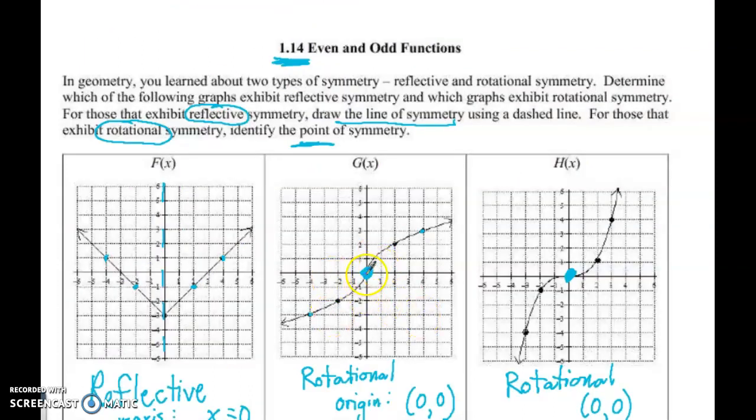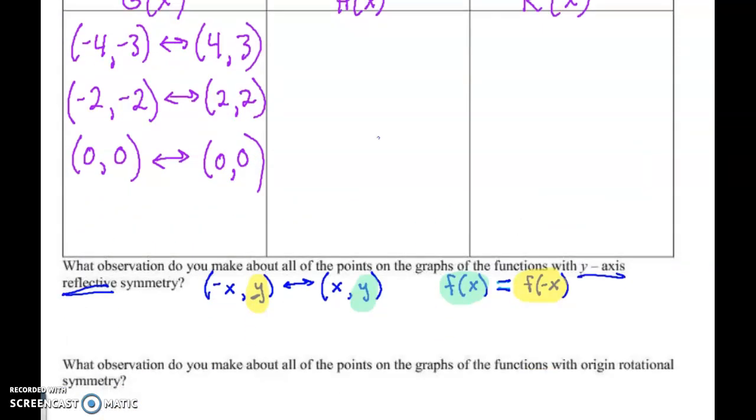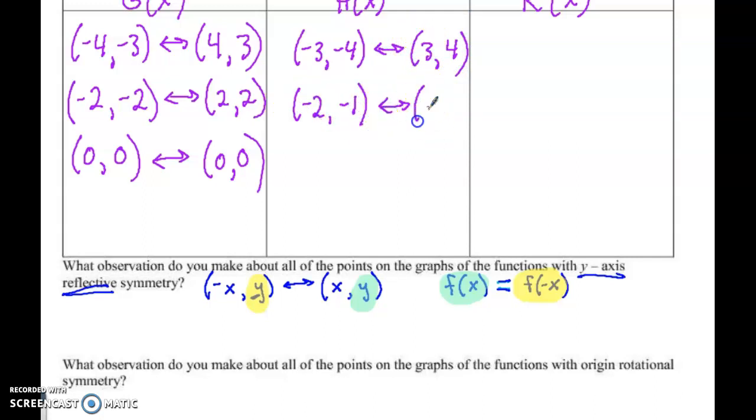So let me double check that I did everything. Yep, right there. And you want to say the same thing about h of x, how negative 3, negative 4 maps onto positive 3, positive 4. I think it was negative 2, negative 1 was the next point. So before moving on to R of x, what do you notice about each of these mappings?